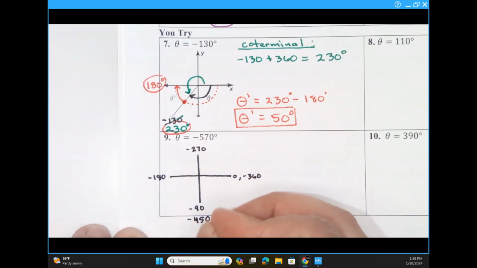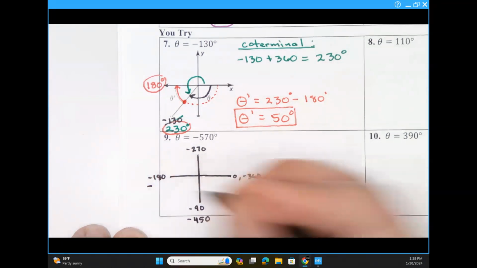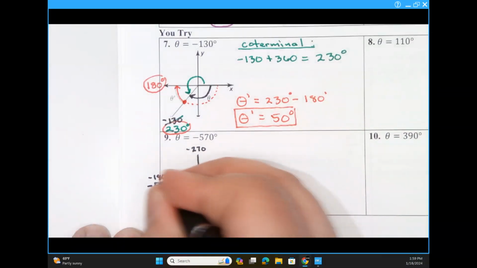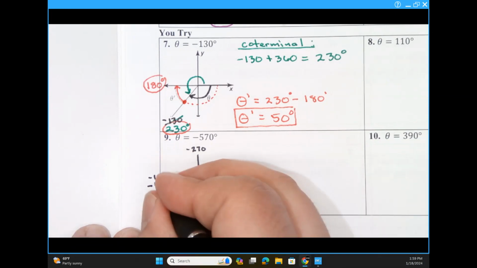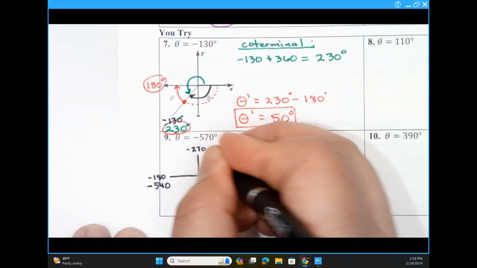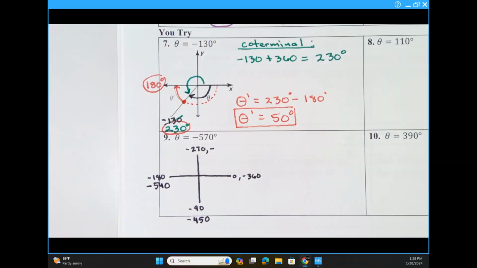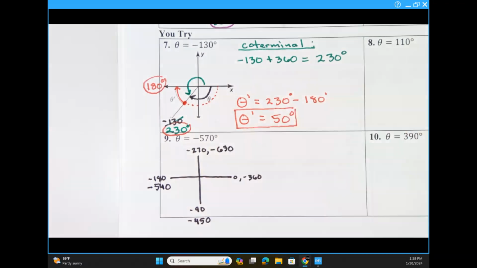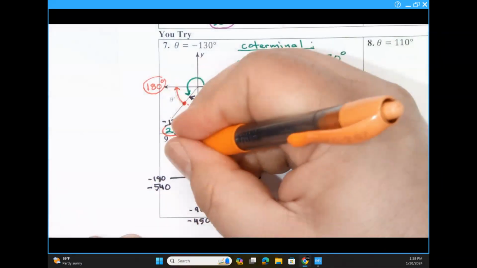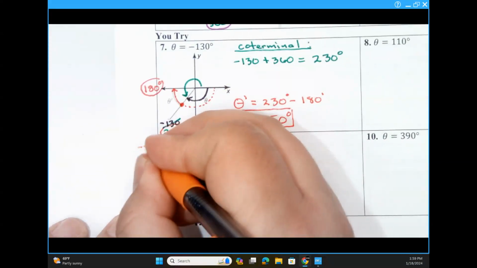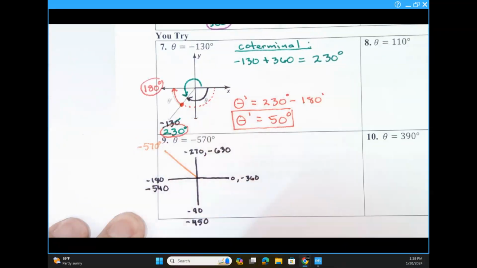Add another 90, negative 540. All right, we're getting closer. And then over here, add another 90 again. So 540 plus 90, 630. All right, so negative 570 is right here, somewhere in here. There's the negative 570 for now.